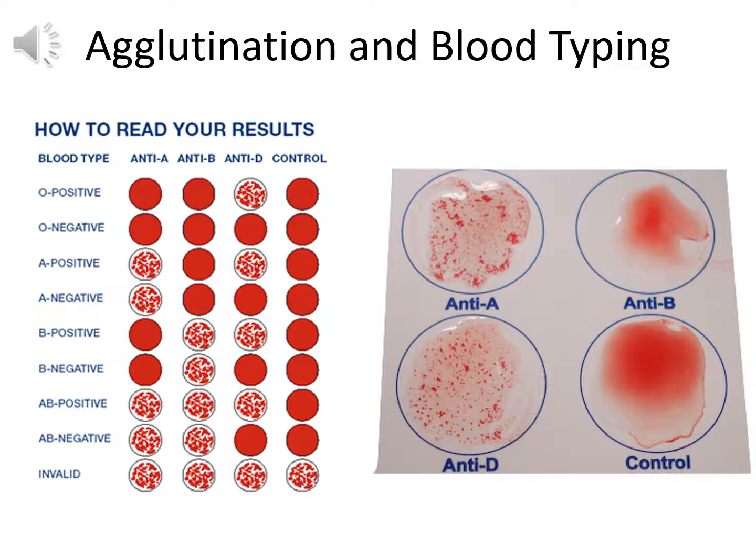B positive would have agglutination with anti-B and anti-D because they're positive individuals and they're type B individuals, so they would have the antigen for B and the antigen for D. B negative would only have agglutination with the anti-B antibodies because they'd only have the B antigen present.